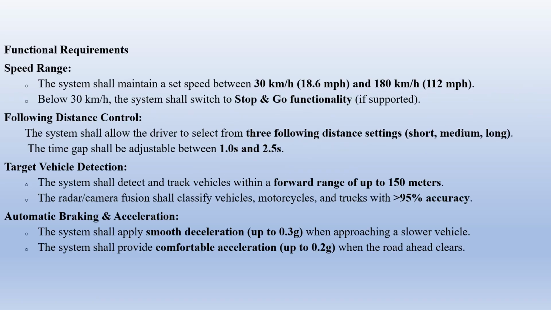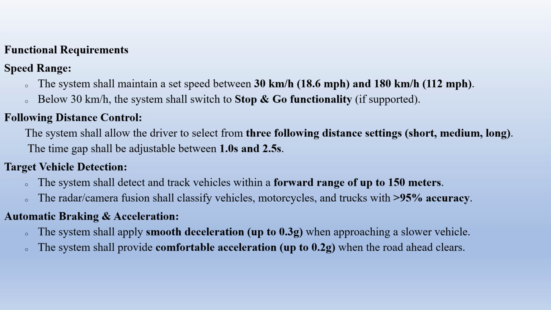First and foremost, the functional requirements that the OEM may share with the tier 1 for adaptive cruise control. The system shall maintain a set speed between 30 km per hour and 180 km per hour. So there has to be a lower speed limit and also a higher speed limit.